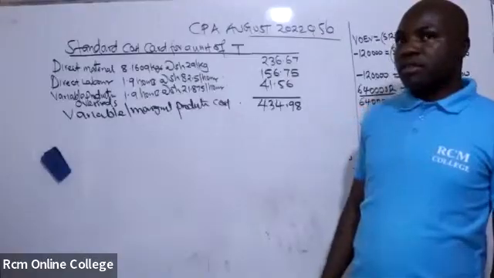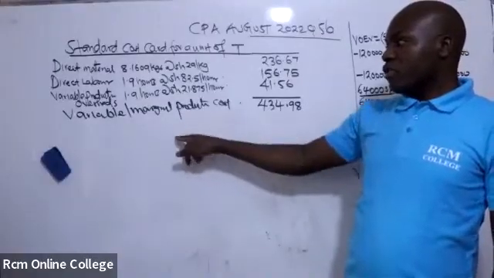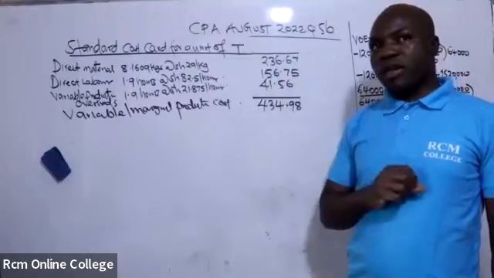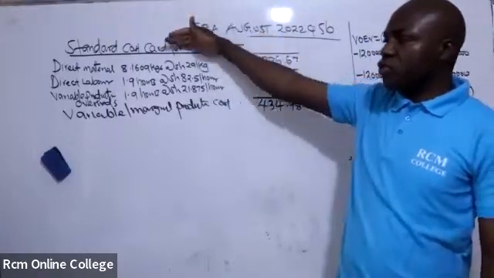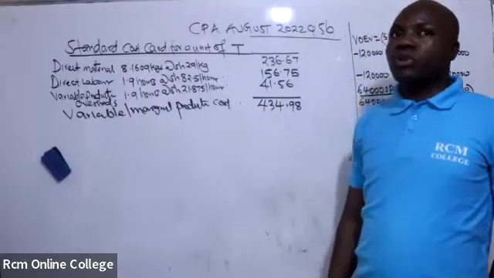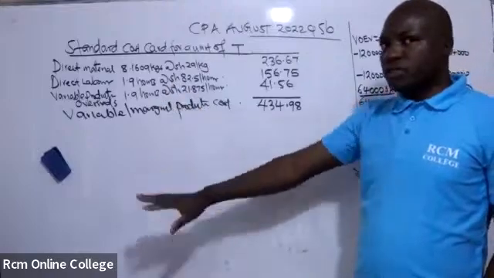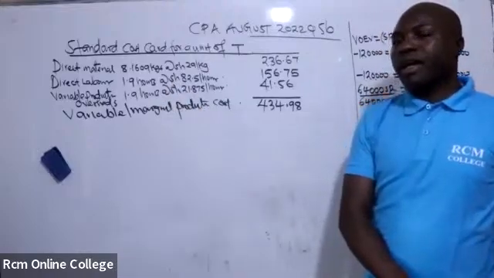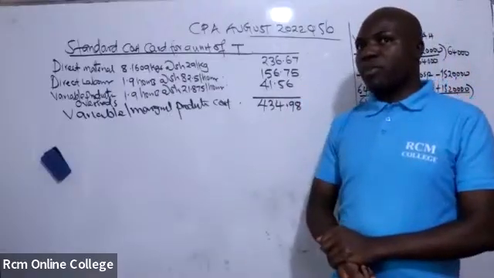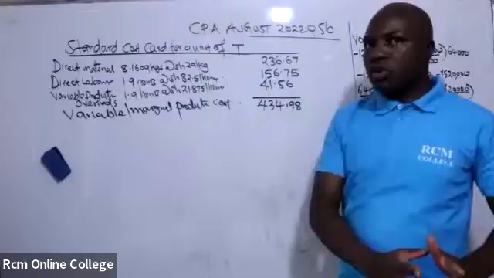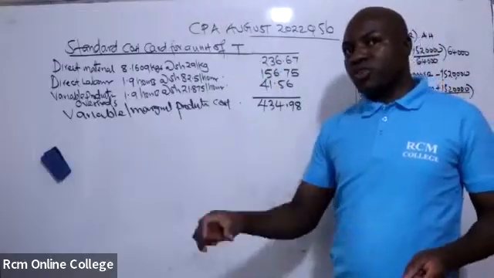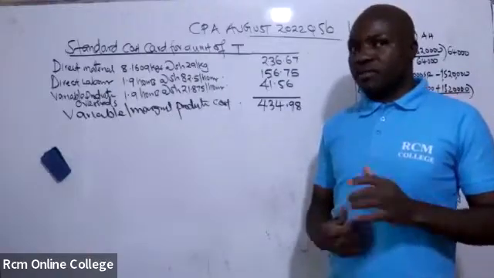Then I'll be giving you a question where we have the concept of topic number 5. I give you a question that requires you to do all that, only to tell you to give me cost function using the account analysis method. In account analysis method, what happens? We're supposed to get total variable cost, total fixed cost, but for the total variable cost, we use the cost driver.